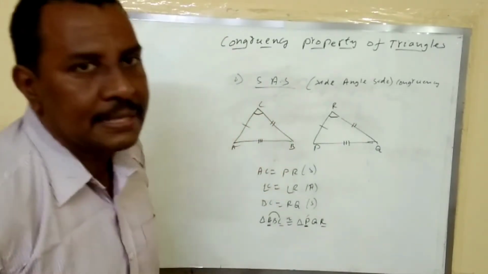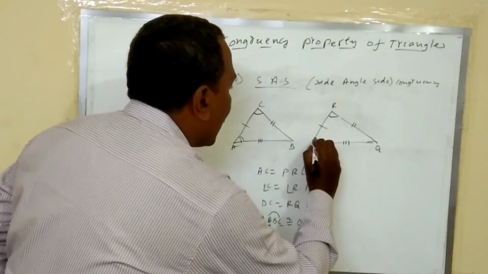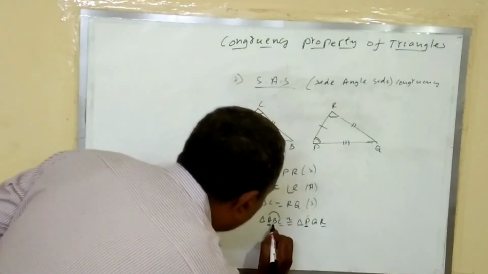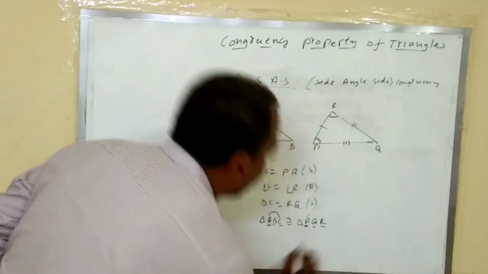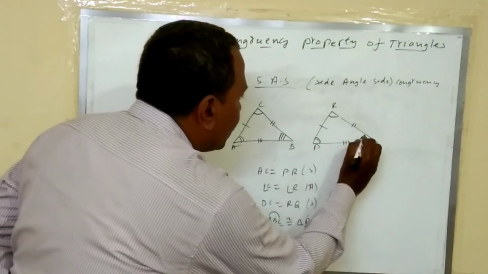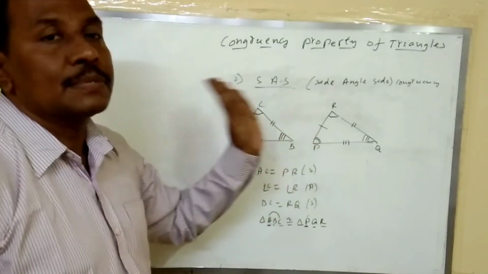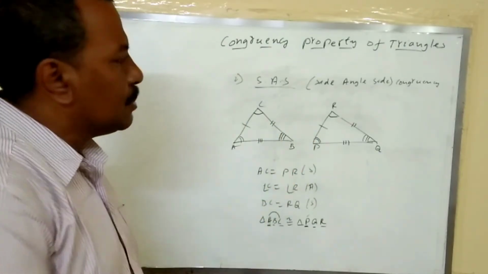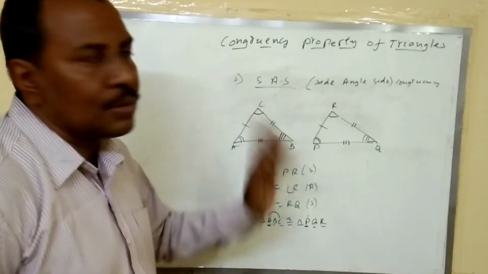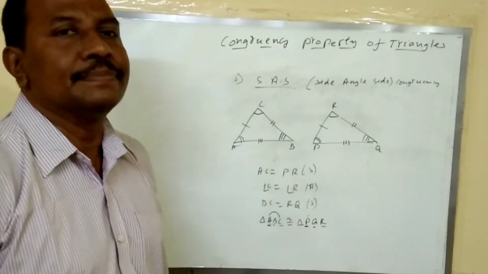Here angle P is there, so angle A must and should be equal to angle P. And here in place of B, I have written Q, so angle B must and should be equal to angle Q. These are called the remaining corresponding elements, which must and should be equal. So these two triangles are congruent according to SAS congruency.